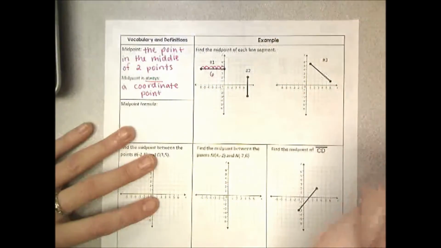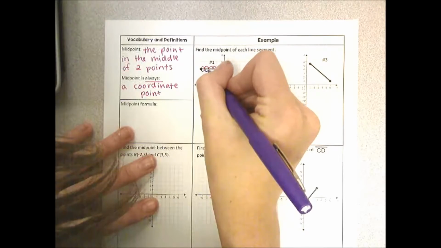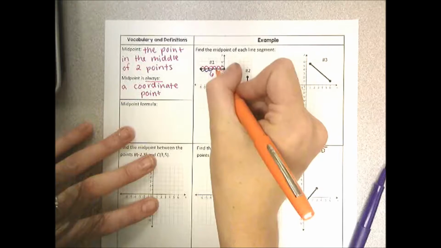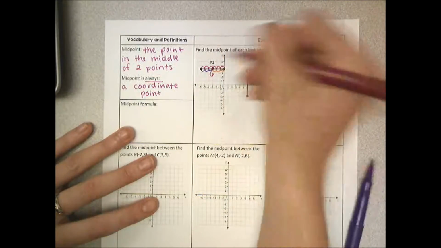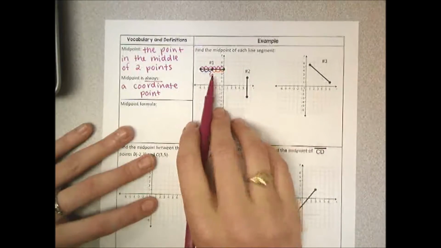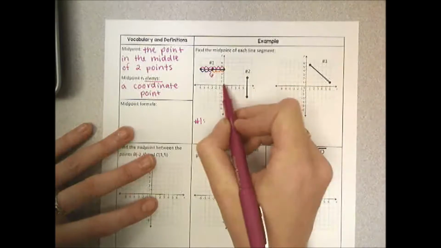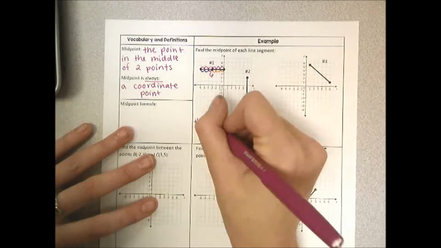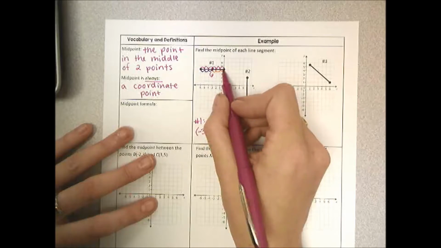So if I know that 6 divided by 2 is 3, I need to count 3 points in from each side. And that's going to leave me at the midpoint right here. But my answer is not 6. My answer is not 3. My answer is what the actual point is. So if I look at this midpoint right here, I see that it is at -3, 4.